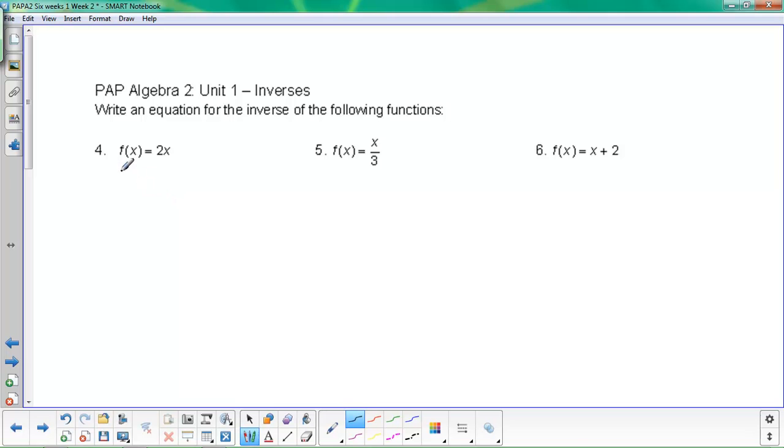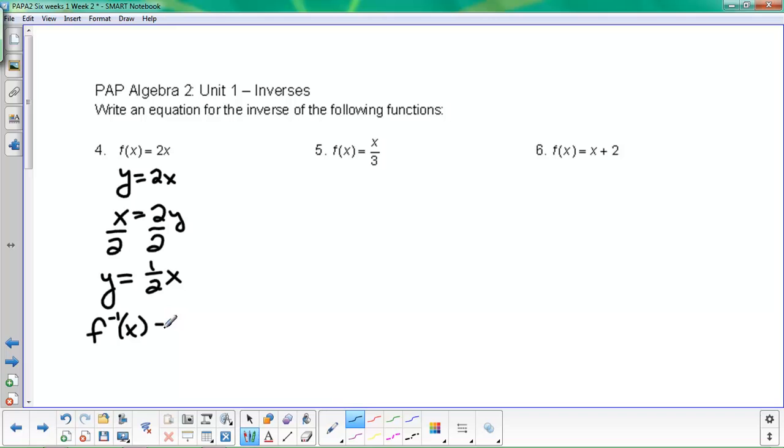So here we go. y equals 2x. x equals 2y. Divide by 2. y equals 1/2 x. f of negative 1 of x equals 1/2 x.